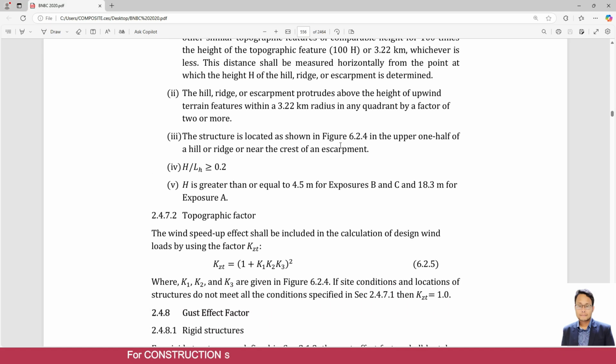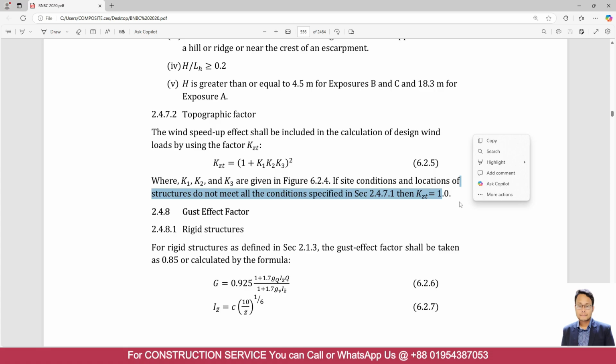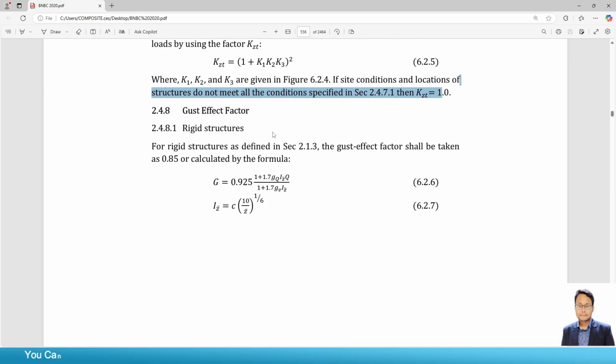For topographical factor, the recommended value as per code is 1. Okay, KZT equals 1. Now, to find the Gust factor, go to page number 556, that means on a similar page. Here, for a rigid structure, you can take the Gust factor value as 0.85.